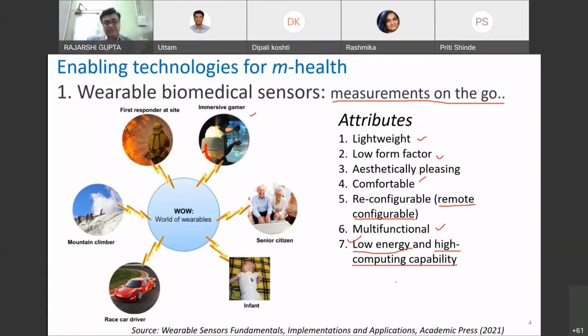That means at the point where the measurement is done, that is, the sensor is connected on the human body, just after the collection, we can make some immediate measurements. Now that is possible if the system, that is the portable hardware module, contains a powerful microcontroller. So these are the basic attributes of wearable biomedical sensors.